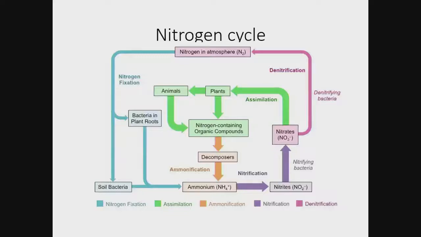Please, students, take note of the ways nitrogen can be taken from the atmosphere: nitrogen fixation. We also have lightning, which is not included in this, but you should know that it converts nitrogen into nitrous oxide, which, when it rains, comes into the soil in the form of nitrate, and the plant will get nitrate there.